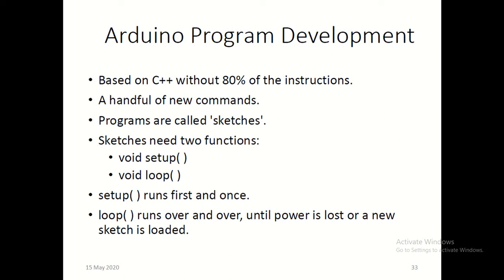This is the minimum requirement of the program as far as Arduino is concerned. But the rest of the functions, like your application functions and your hardware initialization, are like any other embedded C environment. There is no difference as far as other function creation is concerned.